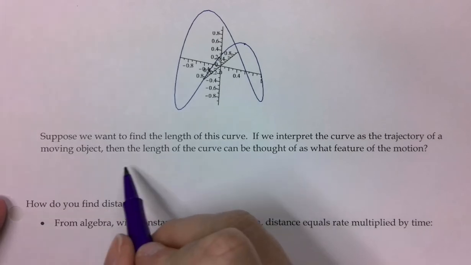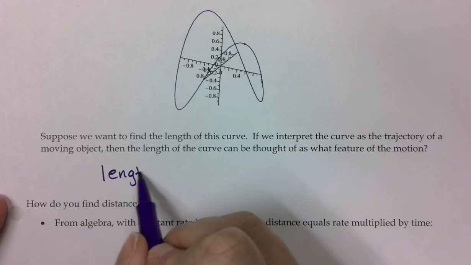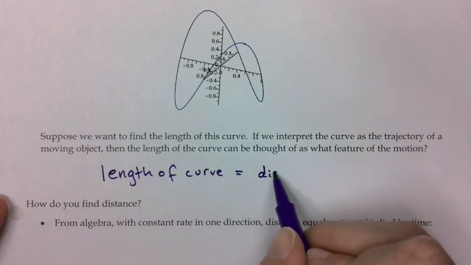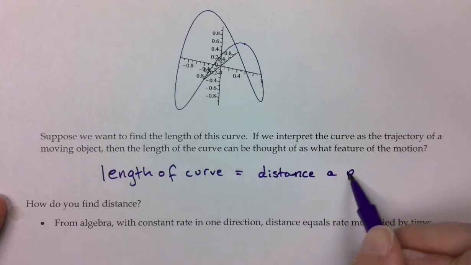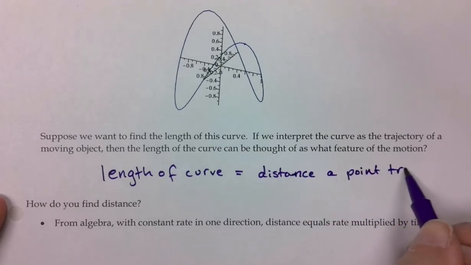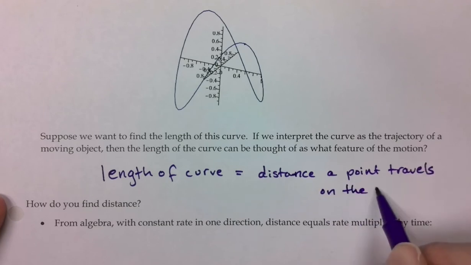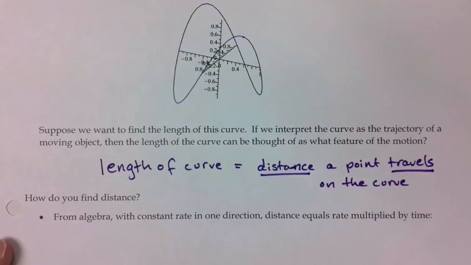The length of the curve would be equal to the distance a point travels on the curve, or in other words, the distance traveled.